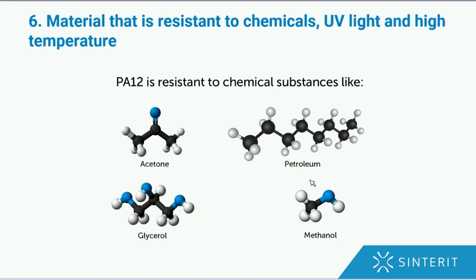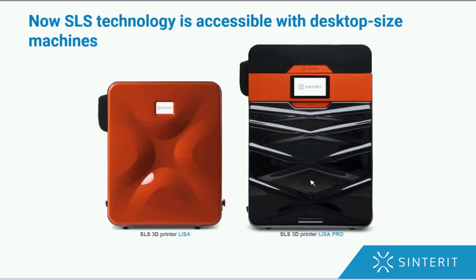We are also using the TPU or thermoplastic polyurethane Flexa Black material, but we will talk about all of our materials in more detail in the future. Right now you need to know that Flexa Black, as its name suggests, is really flexible and gives you the possibility to print really elastic objects.